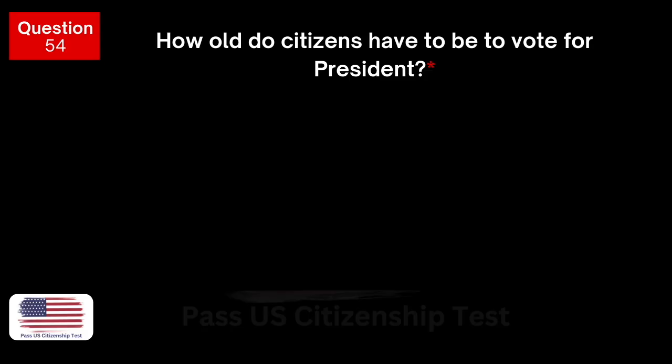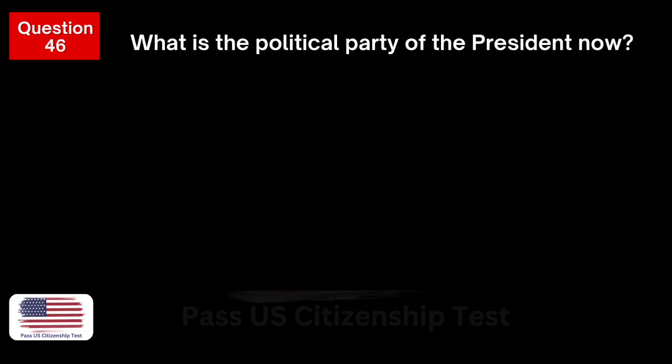How old do citizens have to be to vote for president? 18 and older. What is the political party of the president now? Republican.